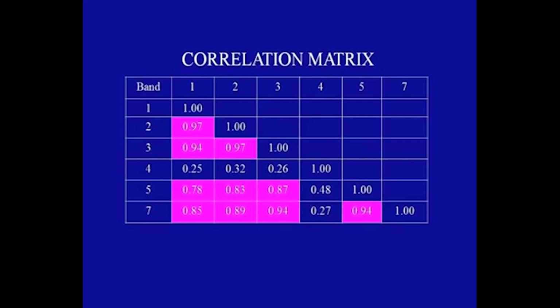A very unique trend may be observed with TM band 4, and it reveals that the correlation with the other 5 data sets is probably of the lowest order, of the order of 0.25 and so on, which means that band 4, when compared to all other bands, contains altogether very different information.